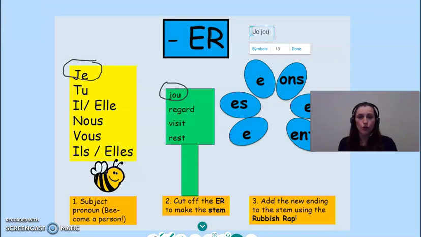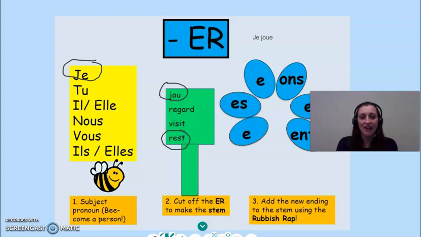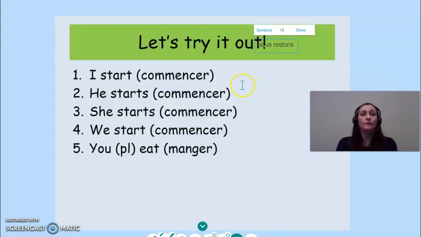Je joue with an E. Okay, let's then take the verb reste, to stay. How would you say we stay using nous? On commence avec nous restons. Excellent. Okay, fantastic. Moving on now.